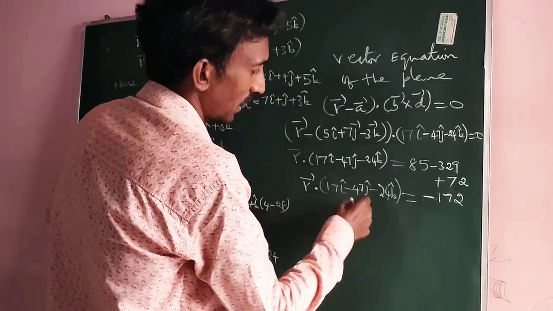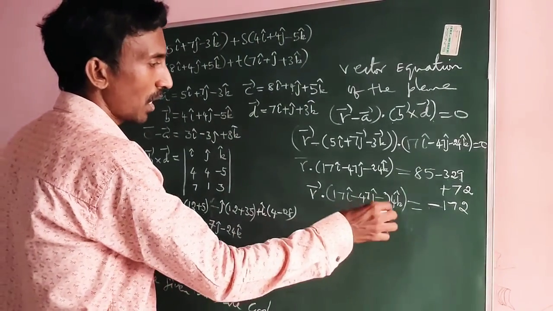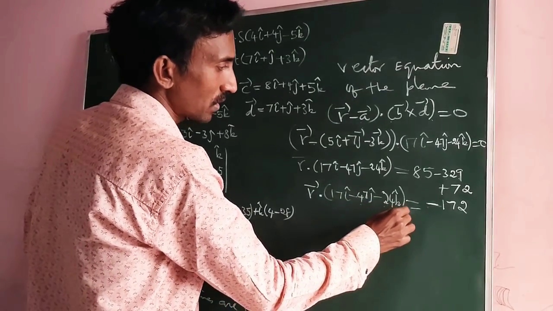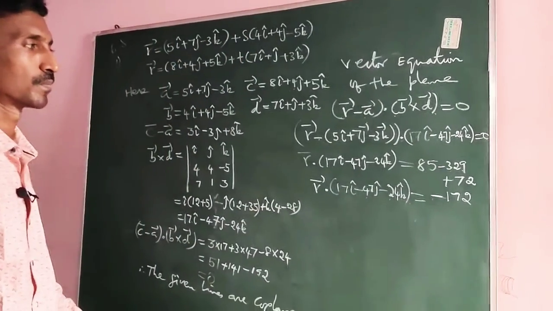Changing the side, it becomes plus. So r dot (17i minus 47j minus 24k) plus 172 equal to 0.